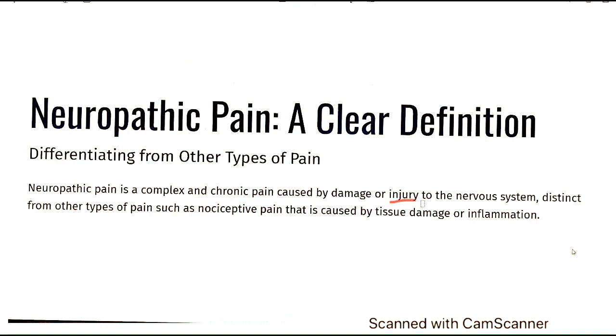The injury to or damaging of the nervous system differentiates it from other types of pain, such as nociceptive pain, which is caused by tissue damage or inflammation. So, neuropathic pain is caused by damage or injury to the nervous system, but the other type of pain, like nociceptive pain, is caused by tissue damage or inflammation.